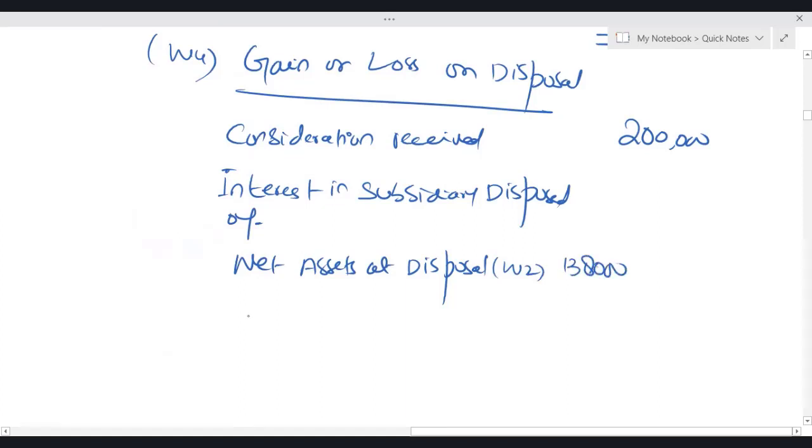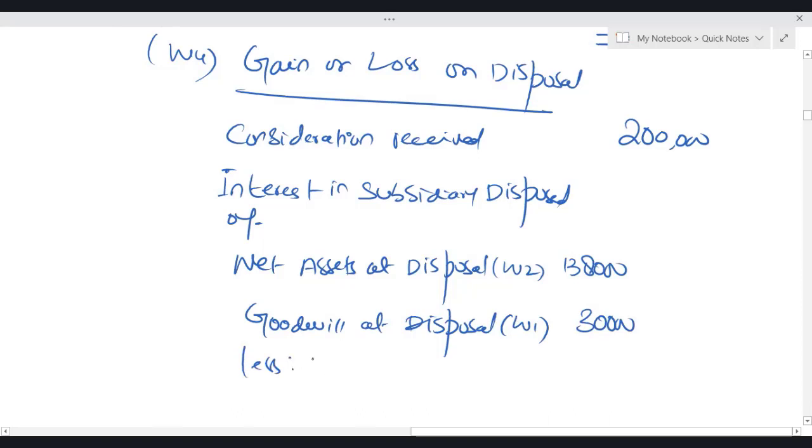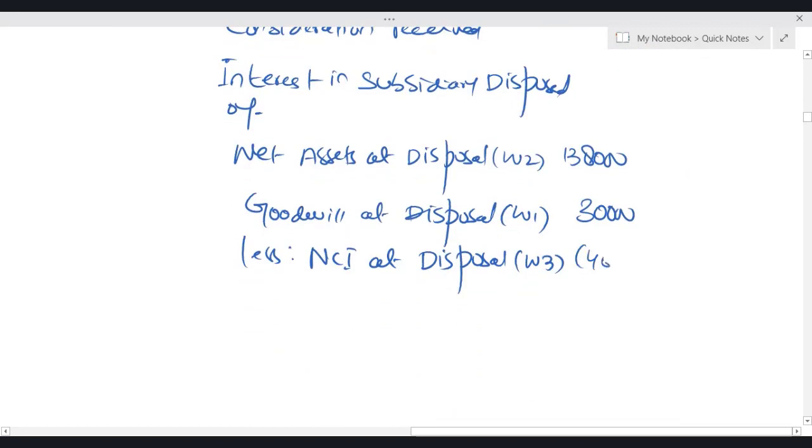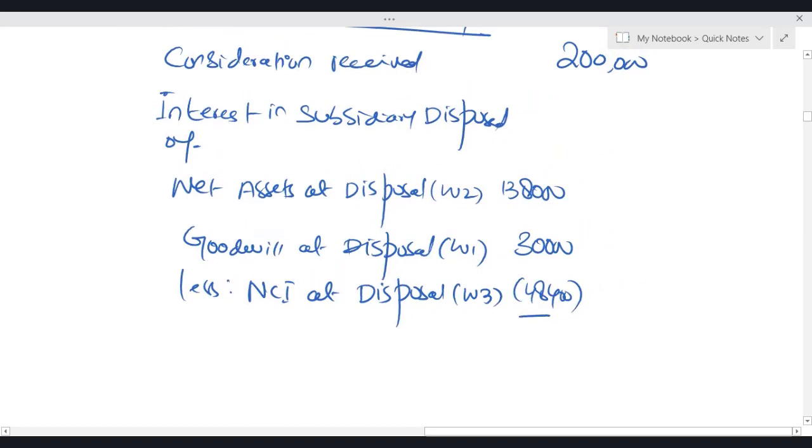Goodwill at disposal, 30,000. I think it was working 1. Simply less NCI at disposal, I think working 3, yes, 48,400. So 1,38,000 plus 30,000 minus 48,400 gives us 1,19,600.